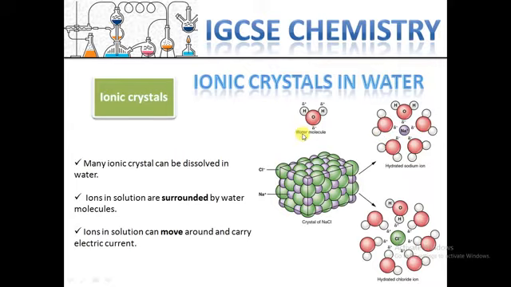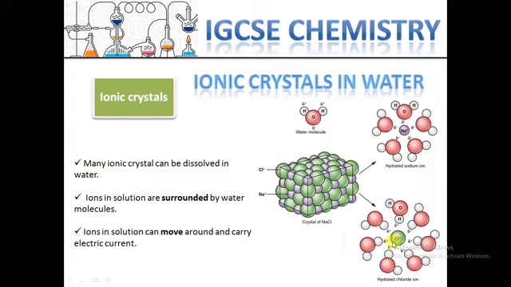As we know, the water molecule is polar. On the hydrogen side we have a positive charge, and on the oxygen side a negative charge. So a positive ion like sodium can be surrounded by the oxygen side of water, which has a negative charge.